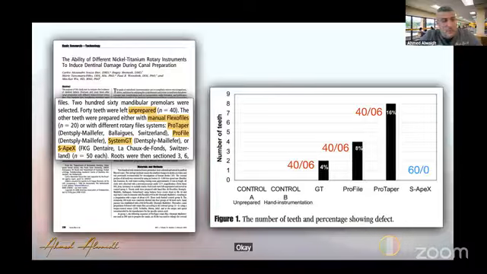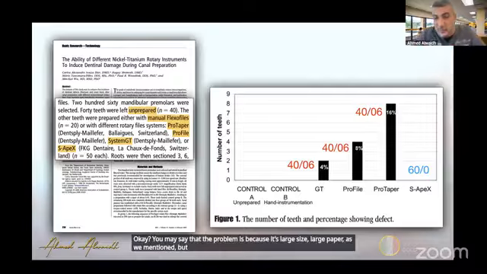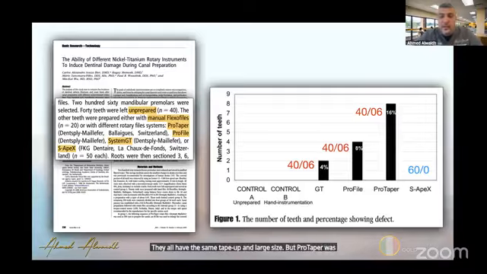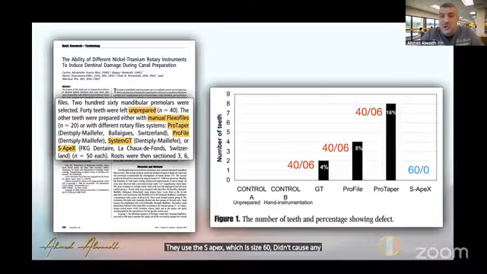Okay, you may say that the problem is because of its large size, large taper, as we mentioned. But if you compare, you see in this diagram that ProTaper, Profile, GT both finish in size 40 taper 6. They all have the same taper and large size, but ProTaper was the interesting thing. They used the GT, which is size 60, and it didn't cause any cracks. Why?